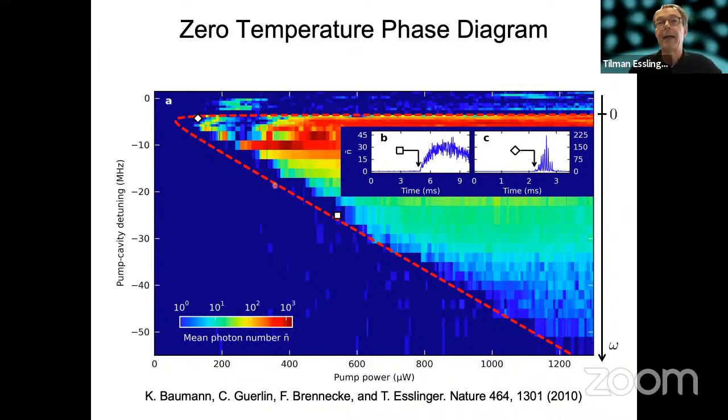You can theoretically calculate that you expect the dashed line for a simple model as the phase transition. And here in the inset, this diagram is made by increasing the pump power over time. This line here corresponds to that line. And then you start to see photons, and that is plotted in a color code here. So that's this line.